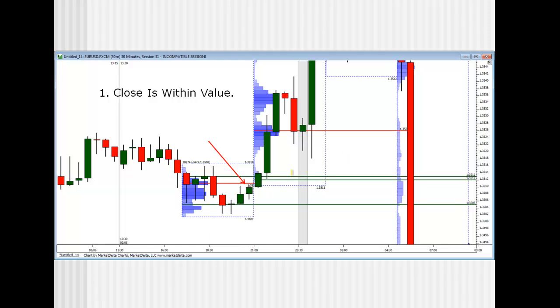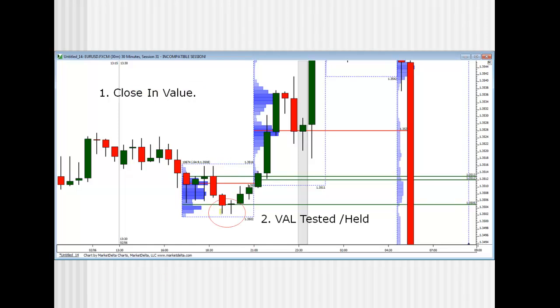Now, notice other things that help me to determine that this looks like it will be a nice trade to the upside. We get a close that is within value on this preceding candle, and the next one right away is a close above value.